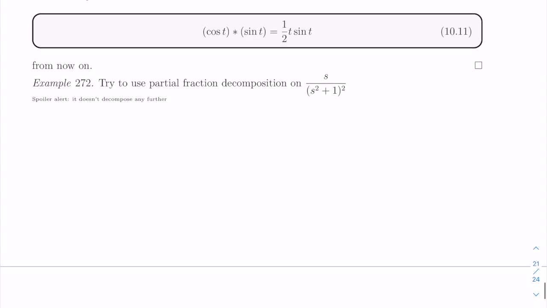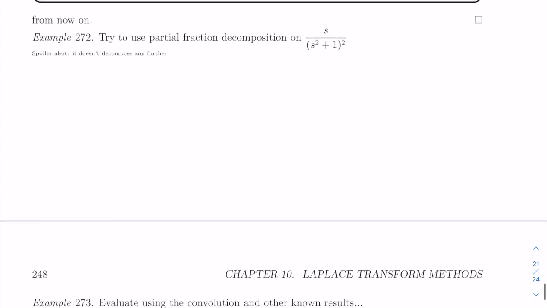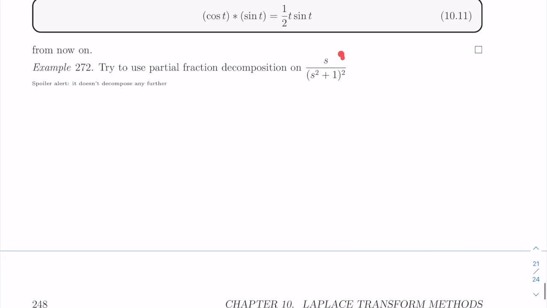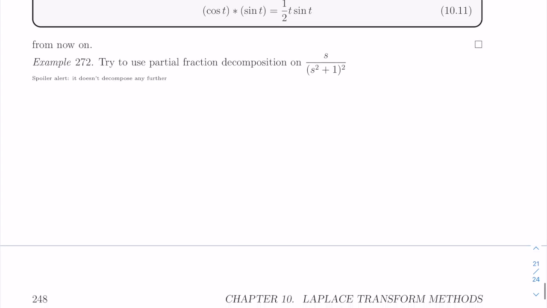Now, as a next thing, what will happen if we try and do partial fractions on this thing right here? Well, what I would get is (As plus B) over s squared plus 1, plus (Cs plus D) over s squared plus 1 squared.